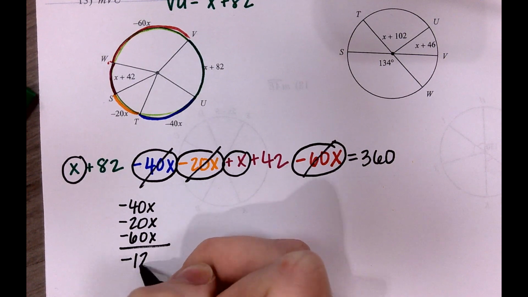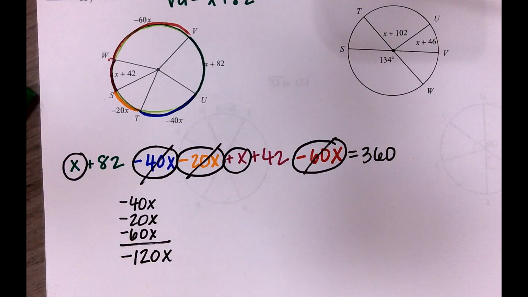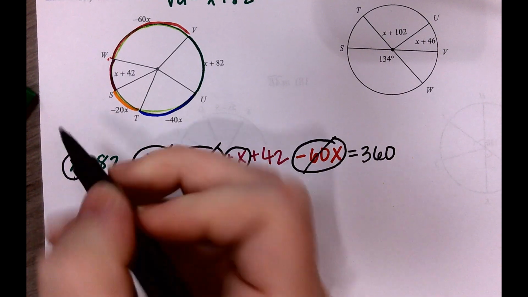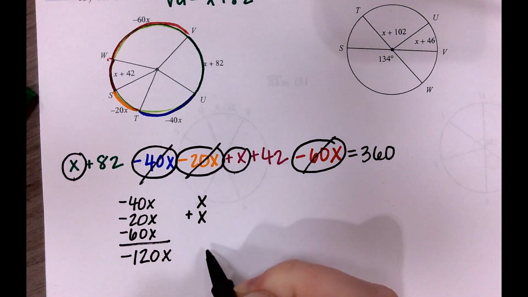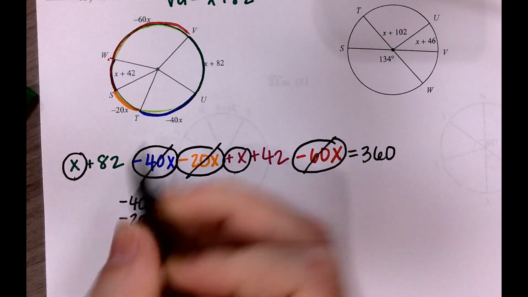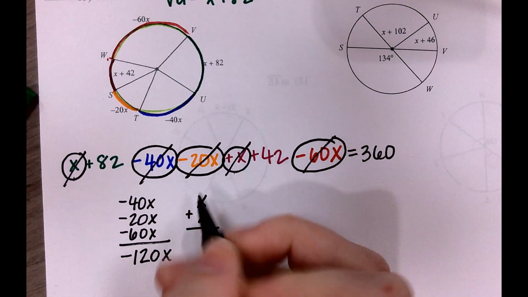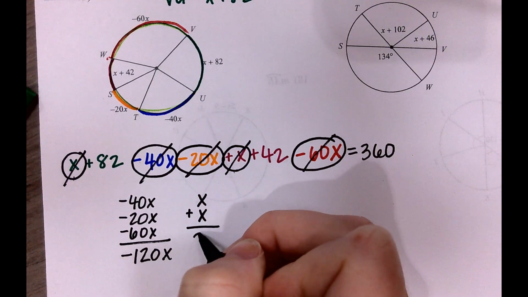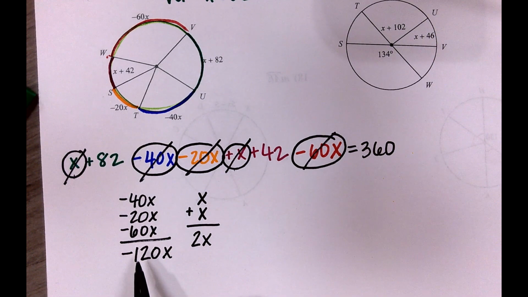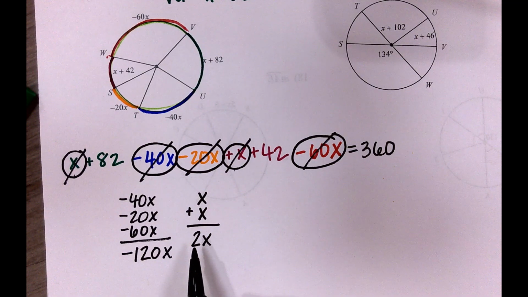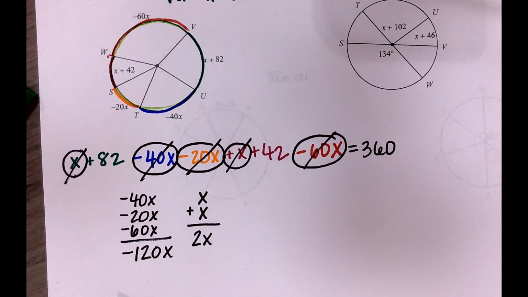Okay, so negative 120x. And then you want to add positives, which would be x plus x, which is positive 2x. So now negative 120x plus 2x is negative 118x.